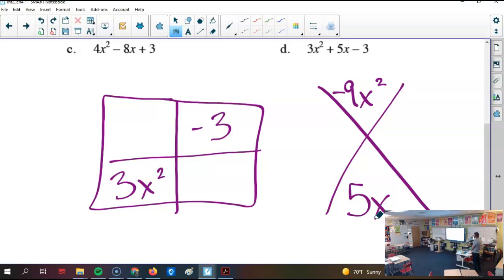How did we determine yesterday that something quote unquote wasn't factorable? Why are we doing this? Why are we drawing the rectangle? So we know what the binomial is. Yeah, but why did we make it a rectangle?